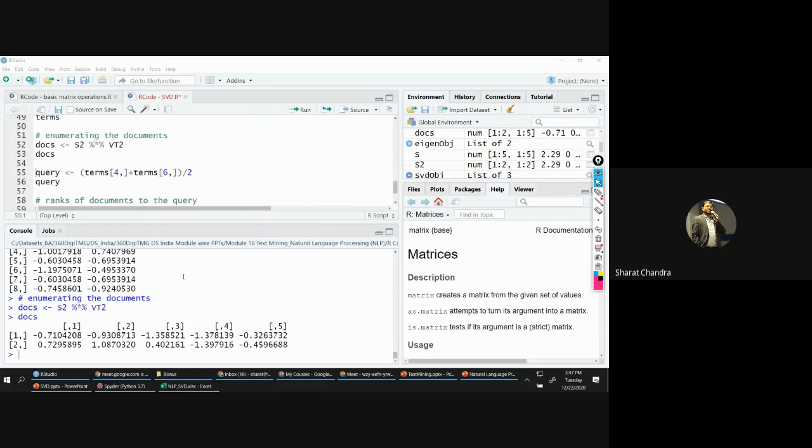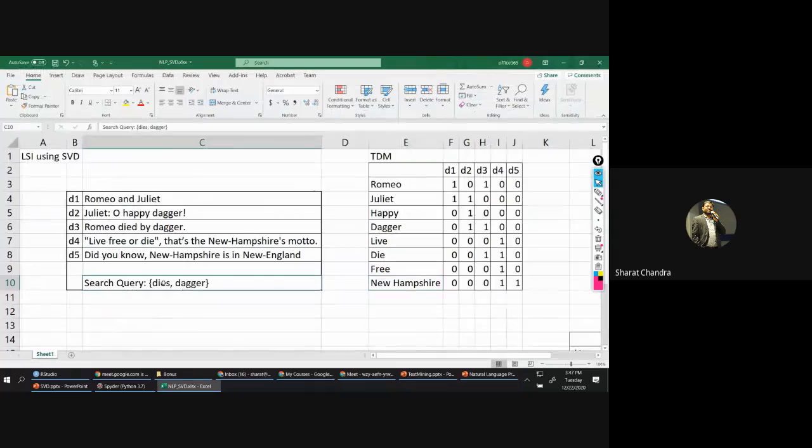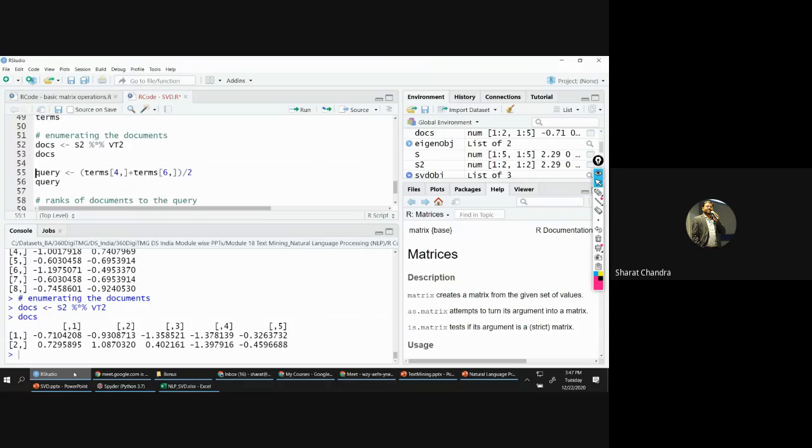Now we also have to look at the query. What is the query that we are making? The query is dice and dagger. Dagger is in the 4th position, whereas dice is in the 6th position. So I'm taking the 4th position plus the 6th position and doing an average.